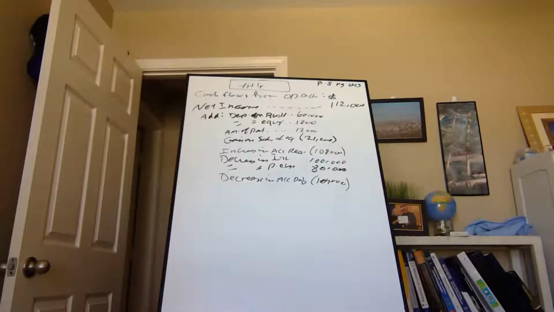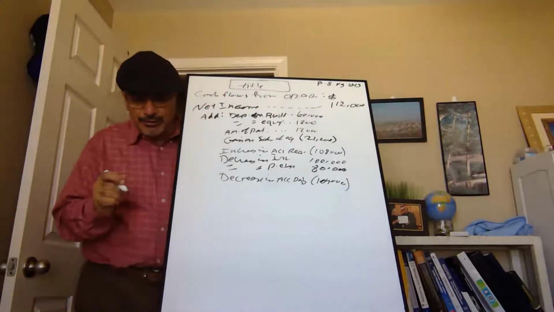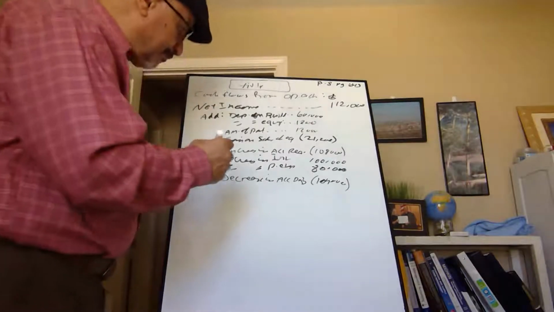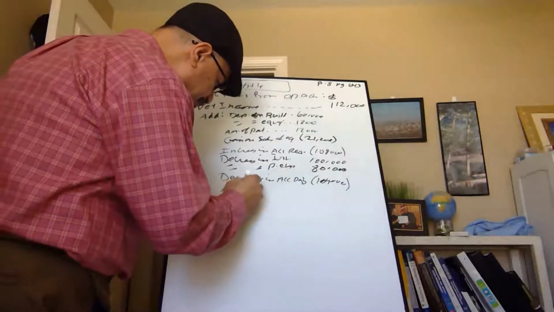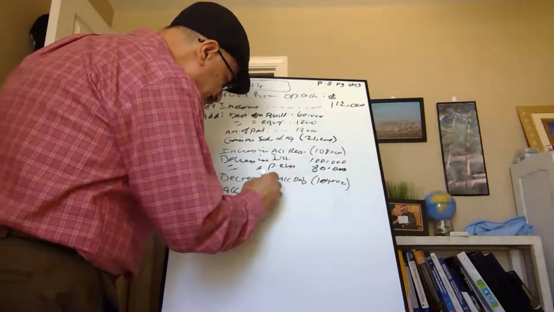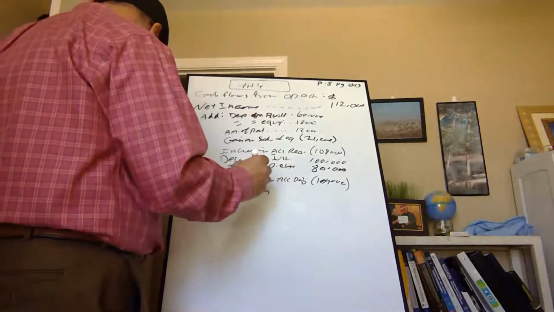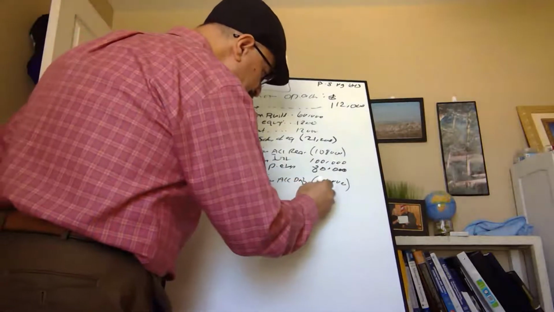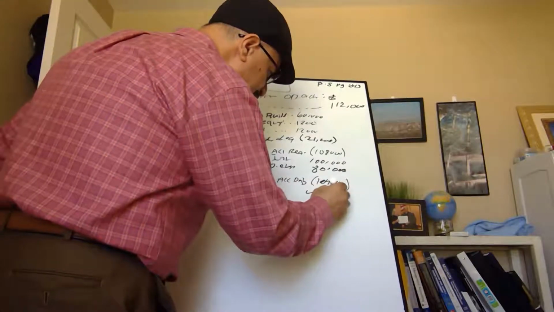The accrued liabilities that we had was 49,200. It's all gone. Accrued liabilities, okay, for 49,200.